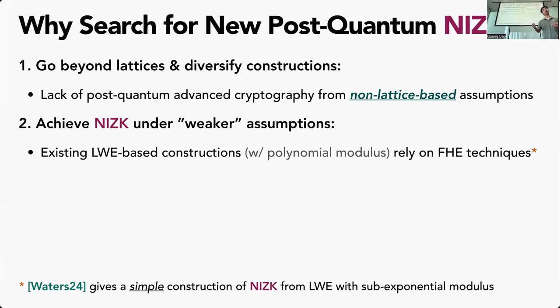But morally, NIZK should be a much weaker primitive and hence can be achieved by much weaker assumptions. Also, there was a recent work by Brent Waters. They have somewhat simple constructions, but it's not quite ideal yet.